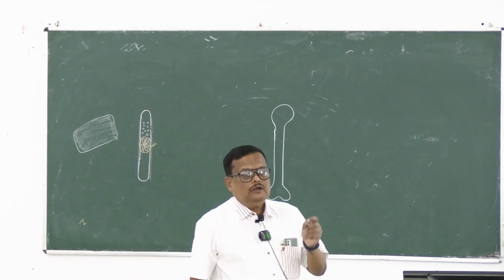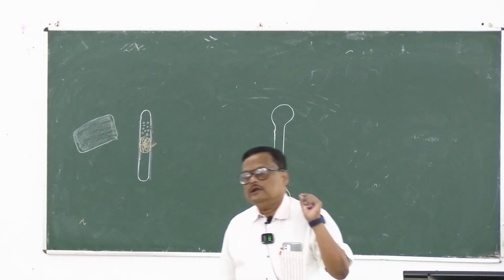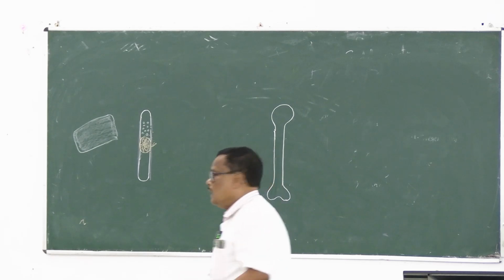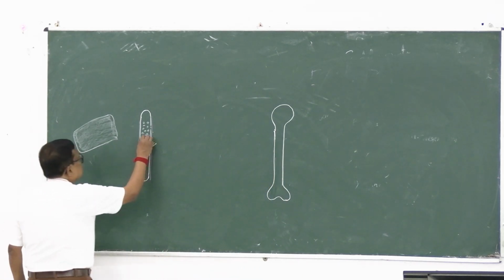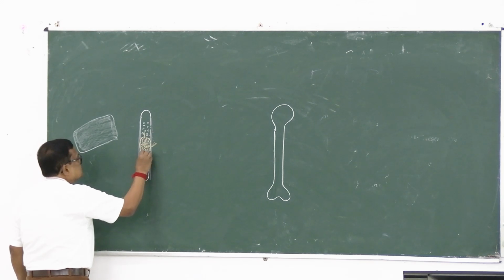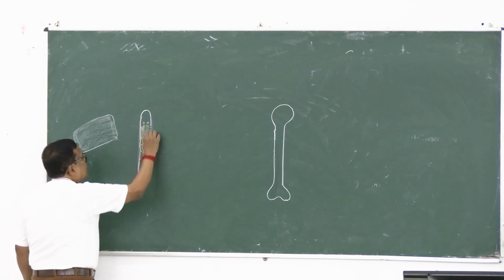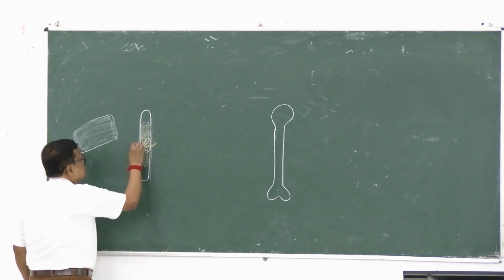It occurs in fetal life, usually the 7th to 8th week of fetal life. Gradually bone forms here in this fashion, grows here, grows here, grows here. Cartilage is destroyed and bone is now produced on the two sides.